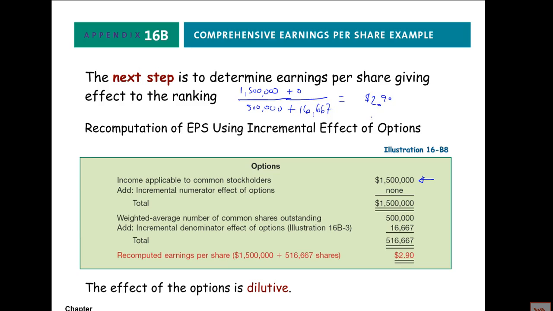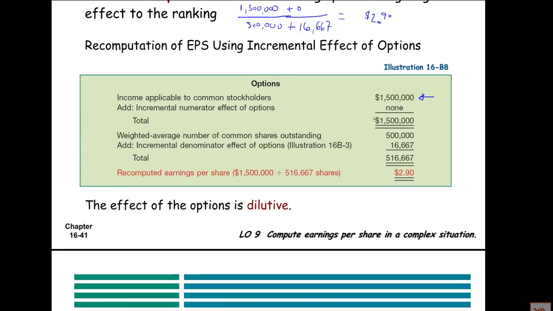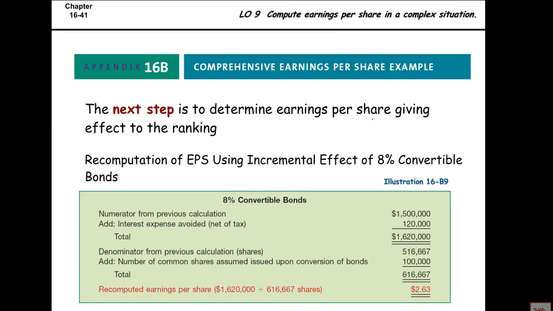Now, I know right away that we need to go on because the 8% bond is $1.20, which is less than 2.90. So we'll keep going, and I'm going to keep using the ratio. From the prior slide, we have 1.5 million, but we'll keep the 516,667.